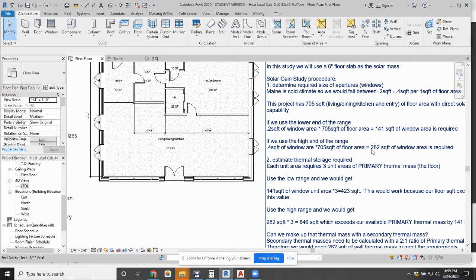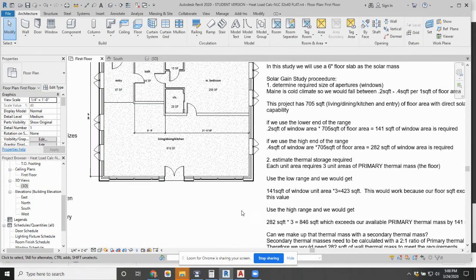So let's take the low end here. This is saying for each unit area of window, we need 3 unit areas of primary thermal mass. And that means I need to have basically 3 times the square footage of this window as floor area for this to work.